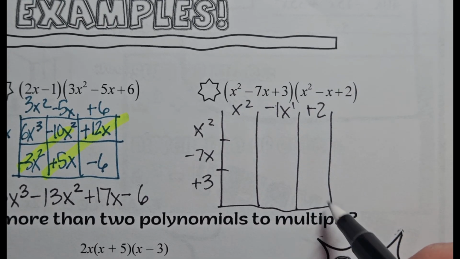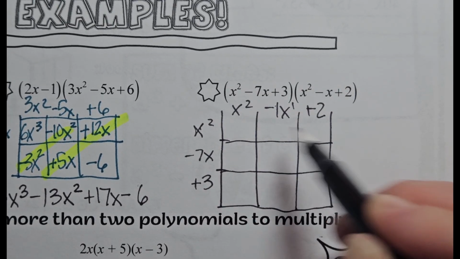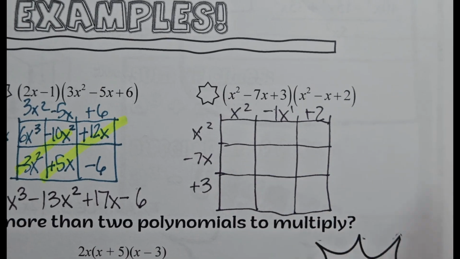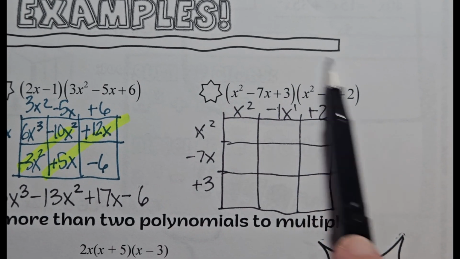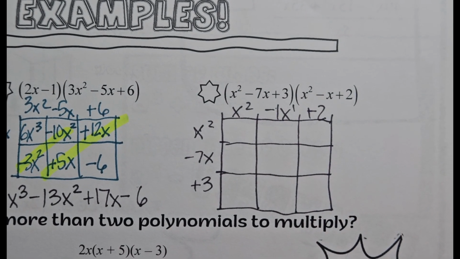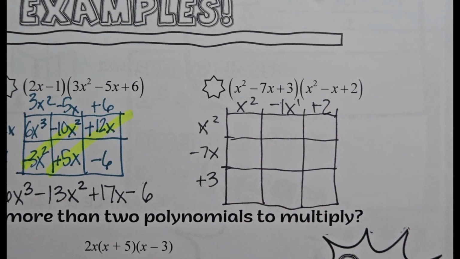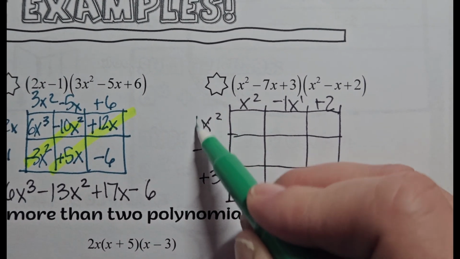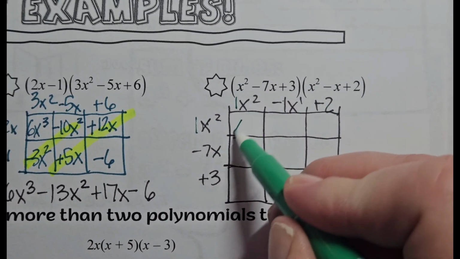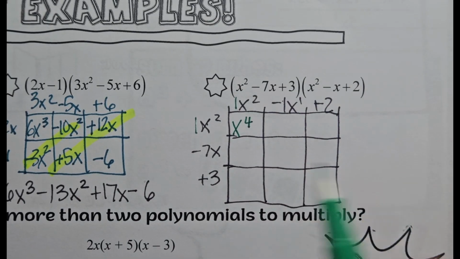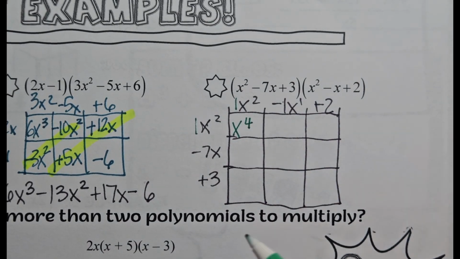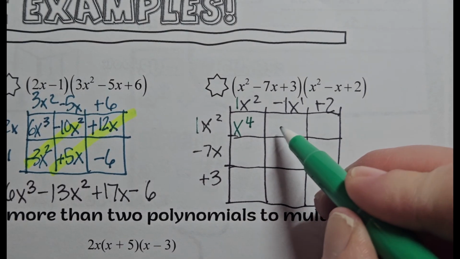So it's a 3 by 3. It's going to have 9 terms in it. So when you're multiplying a lot of terms, that's really when the box, I think, is most helpful. But again, you could just write them all out in a big long row. Just kind of work carefully. All right. Multiplying our terms, x to the fourth. Again, if you want to pause the video and try it on your own and then come back and see if you match up.